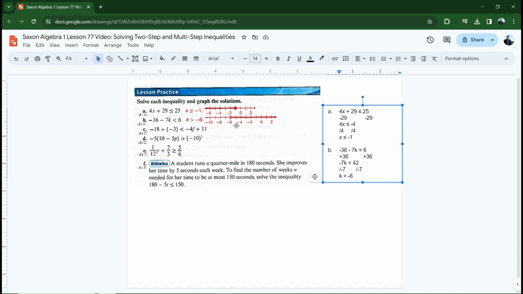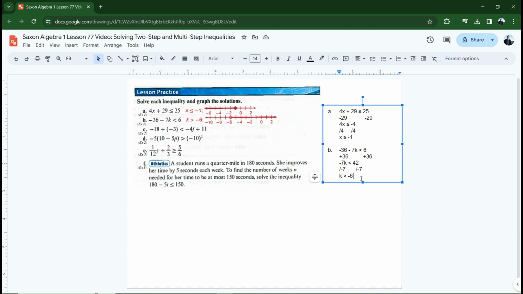Is negative 6 going to be an equivalence, which is not a solution? So negative 36 minus 7 times negative 6, so plus 42. Negative 36 plus 42 is 6. Is 6 less than 6? No. So this is the correct graph. I've just verified it by testing a few points, including the point on the circle.